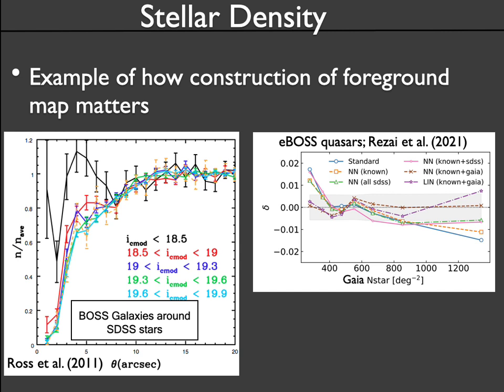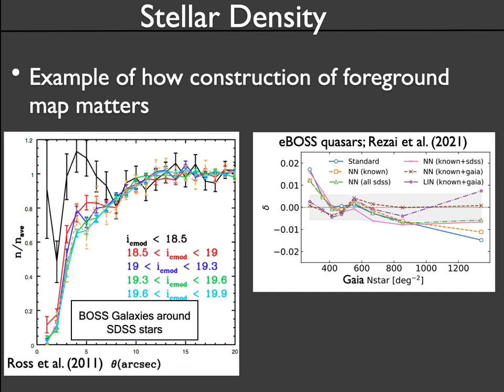So now, ancient history, 12 years ago, we saw a strong effect in terms of us observing fewer BOSS targets close to stars, fairly faint stars, and we corrected for that effect with maps of SDSS stars. And we kept using those maps for 10 years.